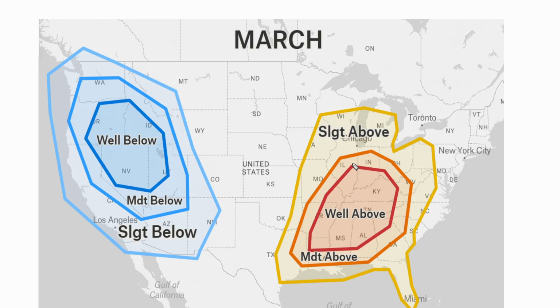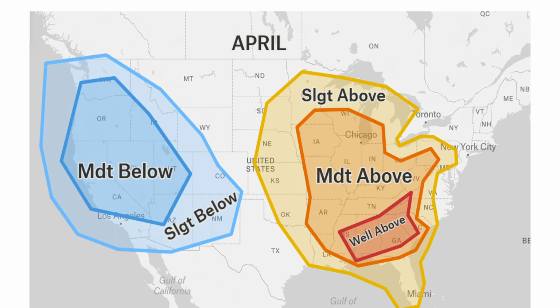And then we have a moderately above for a lot of Dixie Alley, and then some of the Great Lakes areas in the Midwest. And then a well above average for the Dixie Alley area. So I do believe Dixie Alley is going to be making a comeback this year, unfortunately. It's looking very likely with these Gulf of Mexico temperatures and everything just aligning right.